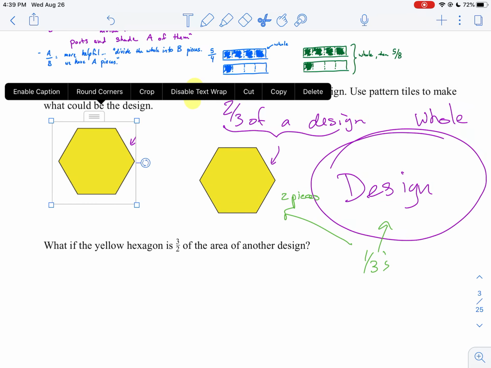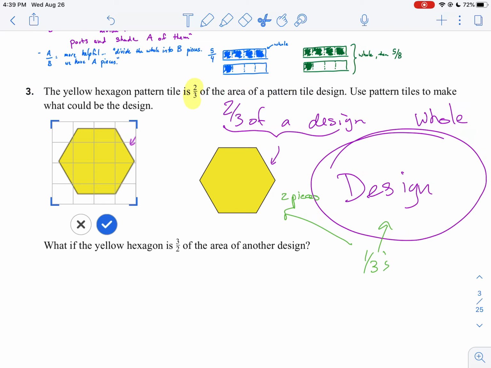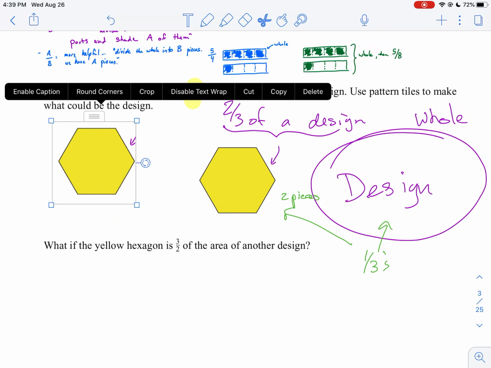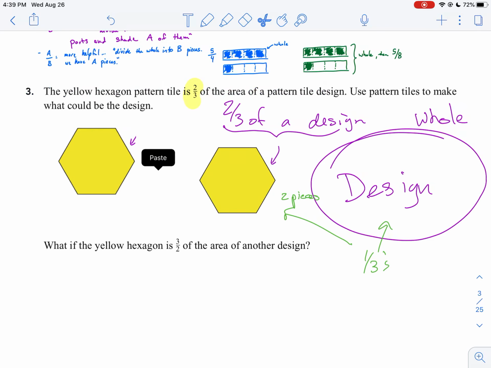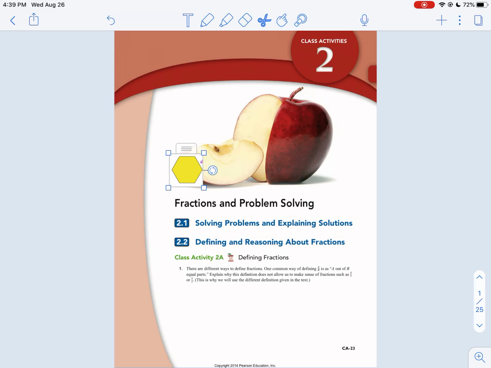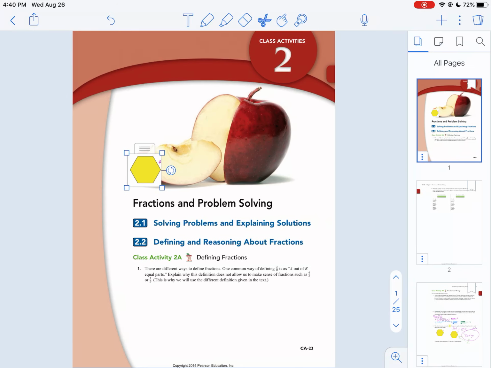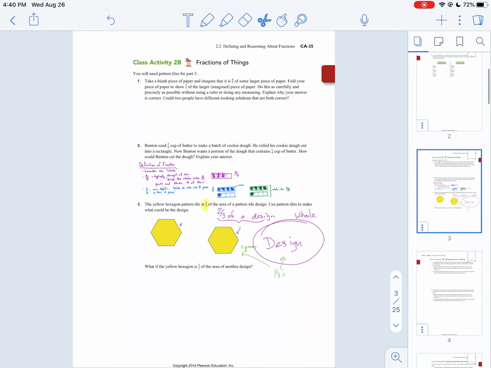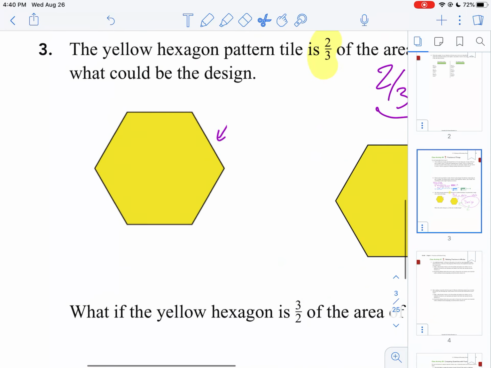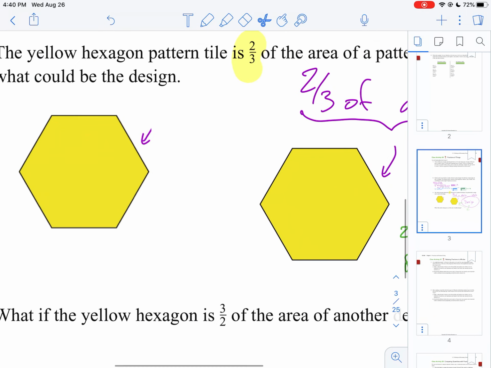There we go. Sorry, that's not what I wanted to do. Okay. Well, I'll just draw it from here.